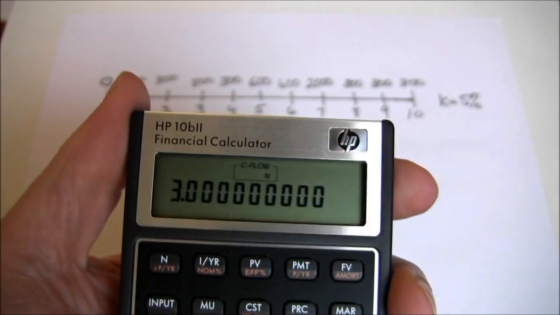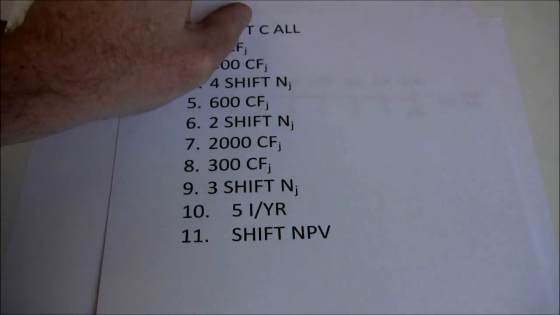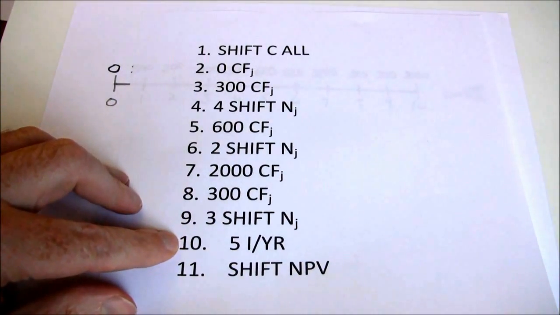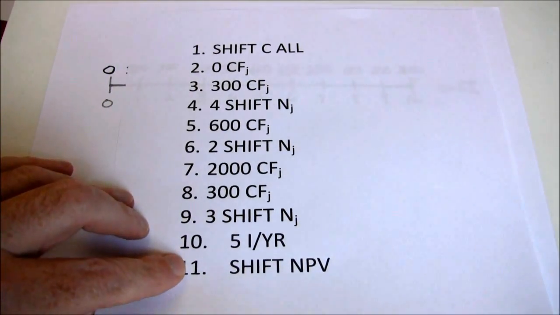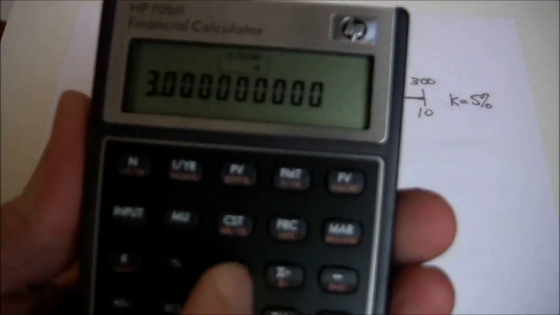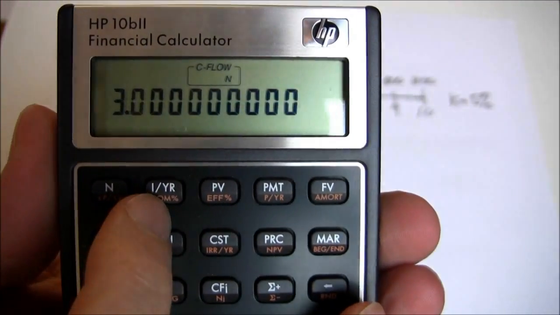Now all our cash flows are entered. If you look back at our sequence, we've put all the cash flows in. Now we're down here, we need to tell it our discount rate and then solve for what's called the net present value. Now the discount rate is just plugged in as your interest per year, just like we did in the 5 key approach.